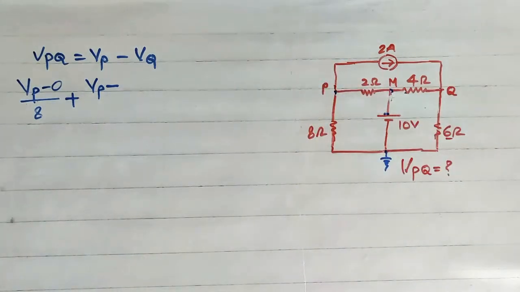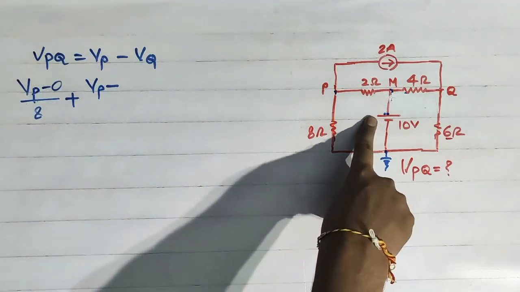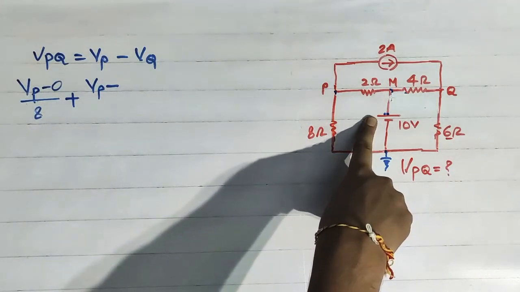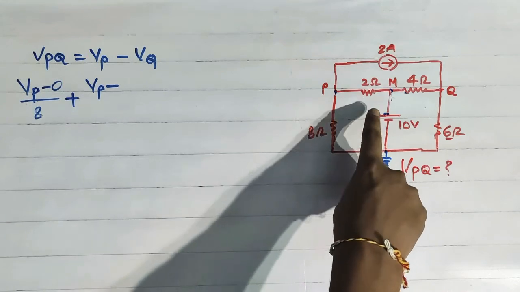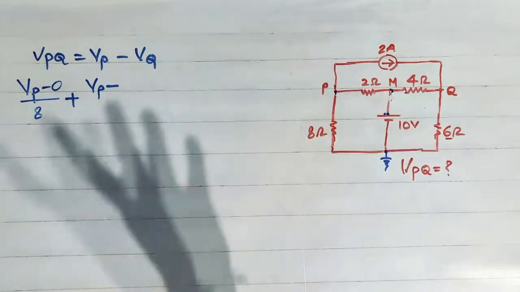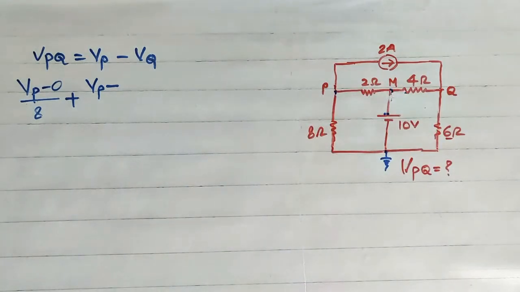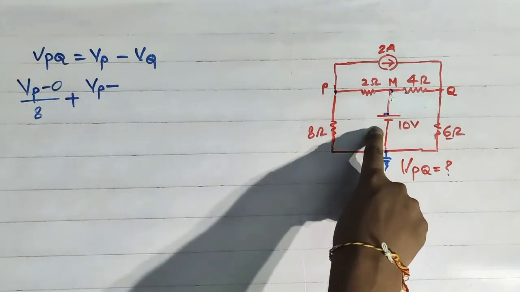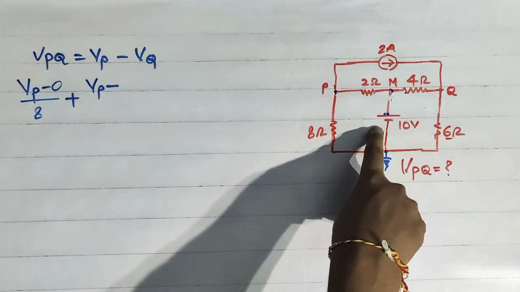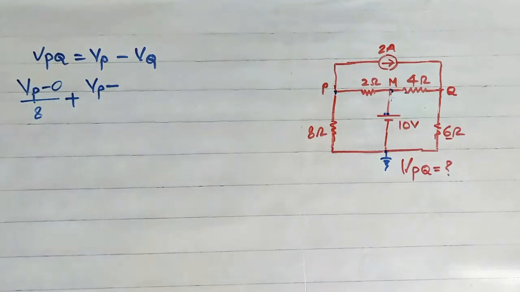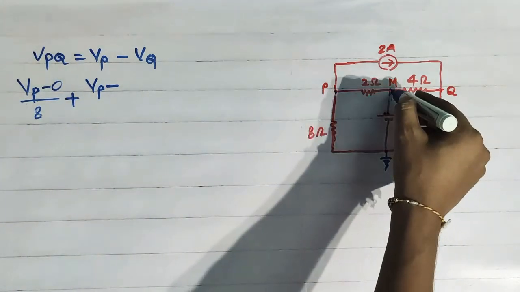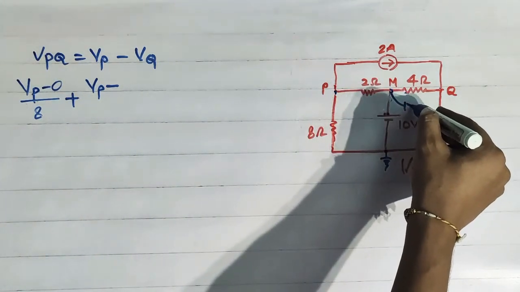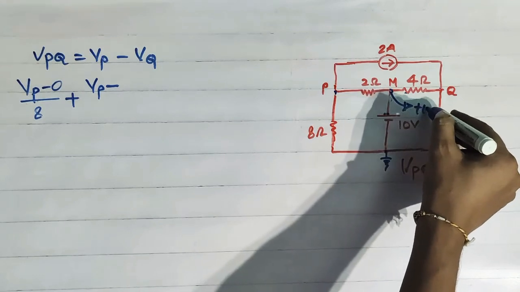See, the positive potential of the 10 volt source is directly connected to this node M. It means this positive potential of 10 volt reaches directly to node M. So that's why node M has potential plus 10 volt.